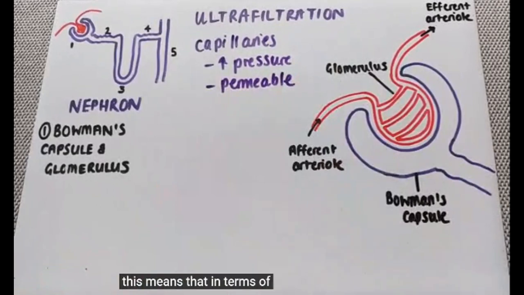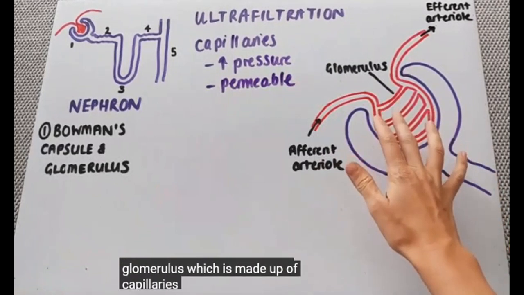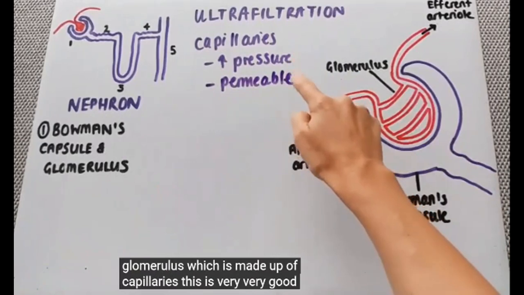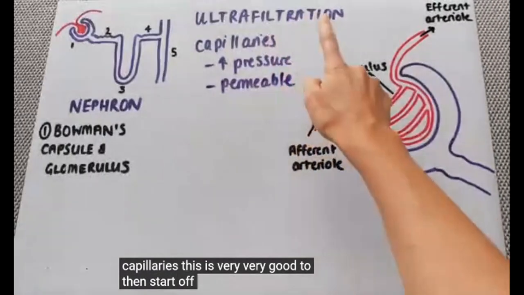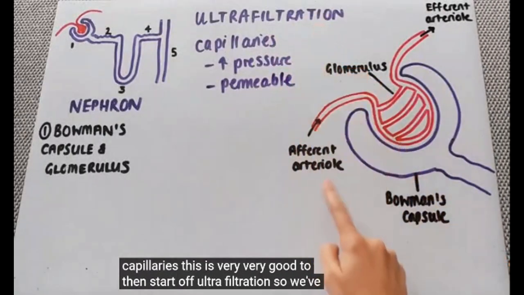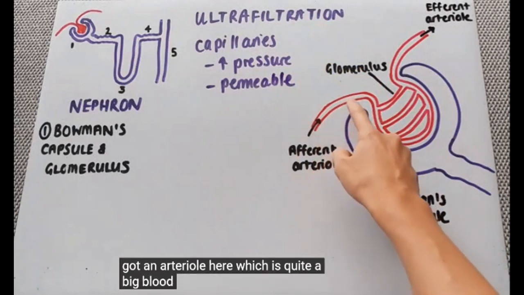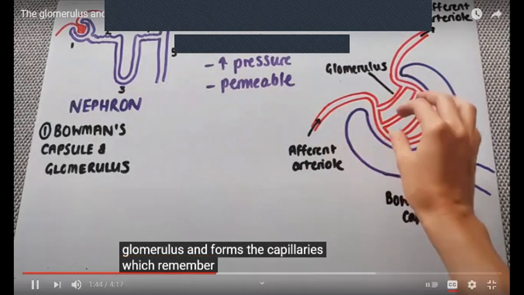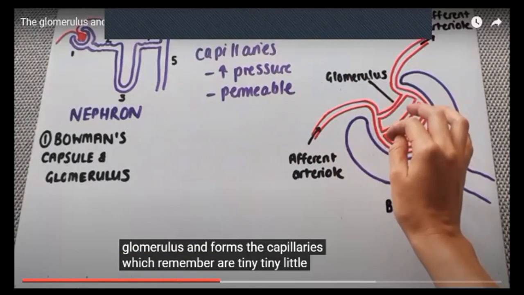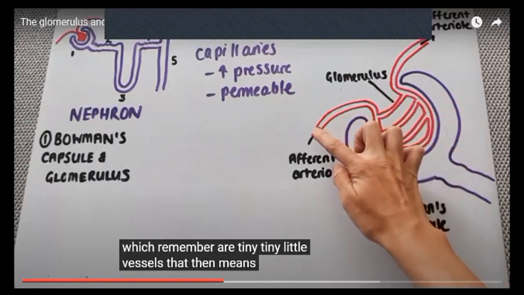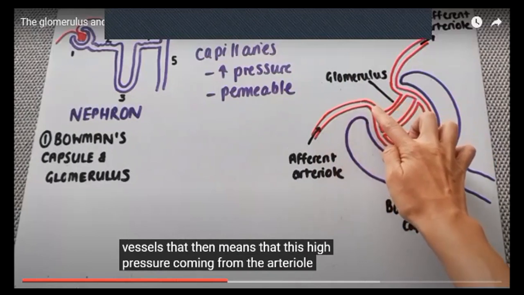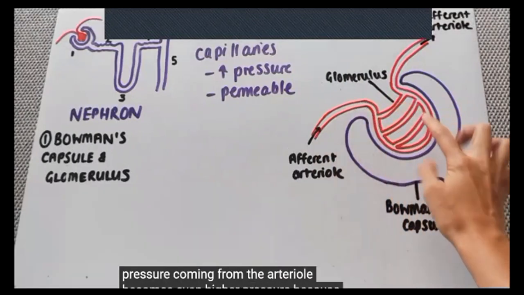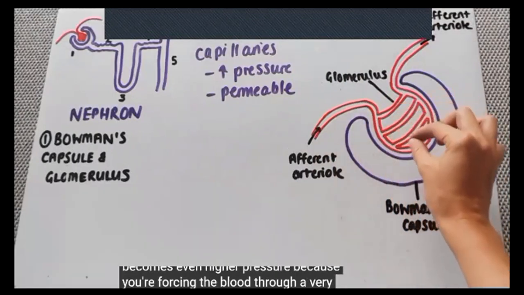This means that in terms of the glomerulus, which is made up of capillaries, this is very, very good to then start off ultrafiltration. So we've got an arteriole here, which is quite a big blood vessel, which comes into the glomerulus and forms the capillaries, which remember are tiny, tiny little vessels. That then means that this high pressure coming from the arteriole becomes even higher pressure because you're forcing the blood through a very, very small space.